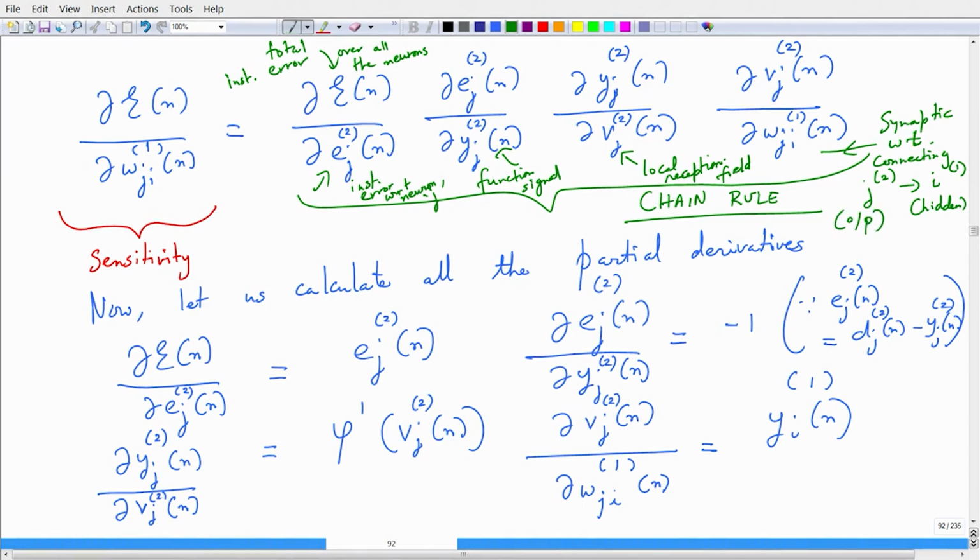I think this becomes pretty clear, right. So, you see there are 4 partial derivatives that we need to compute as a consequence of this chain rule, right. So, again I recall, this is the total instantaneous energy and this is the synaptic weight. We need to take the partial derivative of the total instantaneous energy with respect to the synaptic weight Wji of 1, that is j is the neuron in the output layer and i is the neuron in the hidden layer.